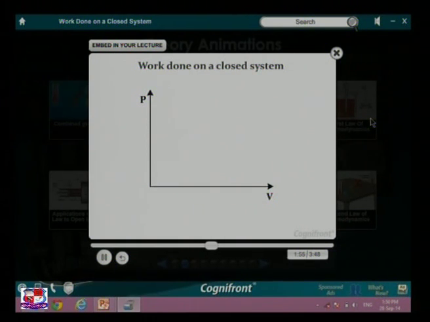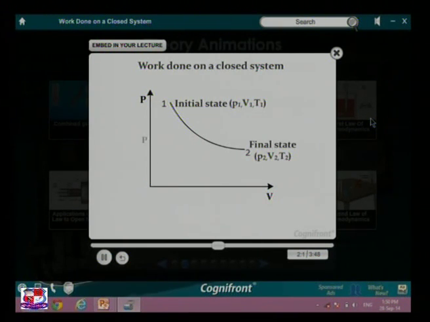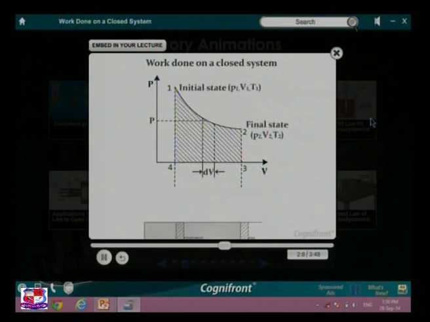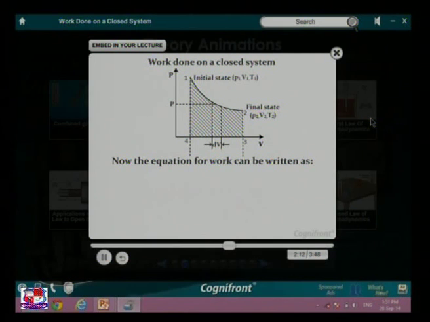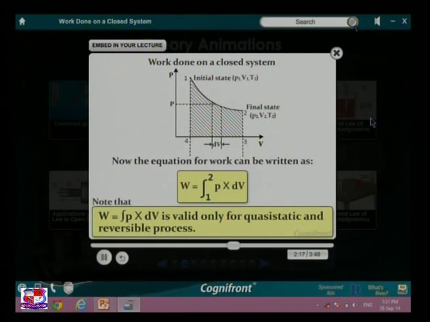Consider a system travels from initial state of equilibrium 1 to final state 2. The area under the curve, that is 1, 2, 3, 4, represents the work done. Now the equation for work can be written as W equals integration P into dV. Note that this is valid only for quasi-static and reversible process.